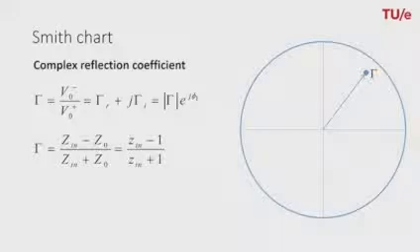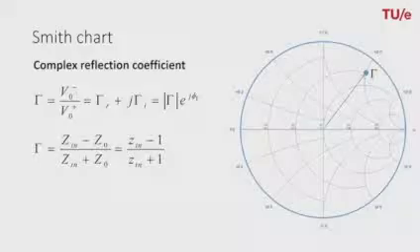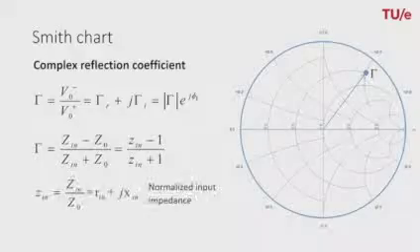Now, if you would plot the impedance values related to a particular reflection coefficient, you would see these kind of curves, which consists of circles and parts of circles. Now, what do we see?